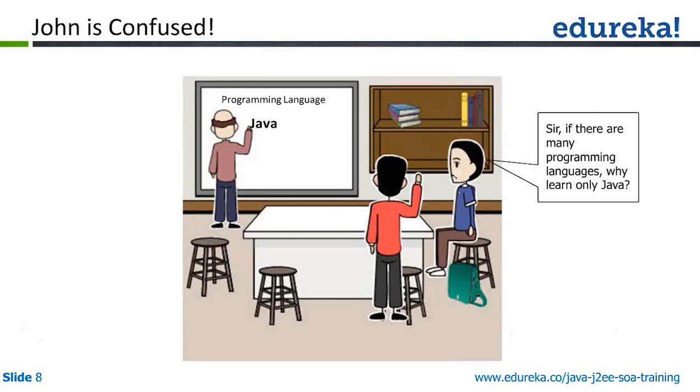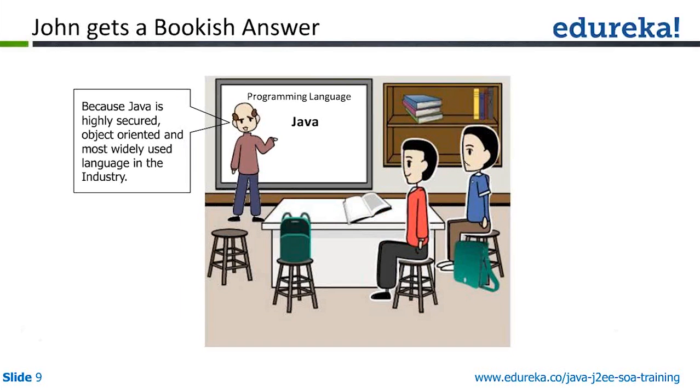So why should you learn Java? Okay. Java is highly secured, it's object oriented, and it's most widely used in the industry. So just give me a little feedback here.